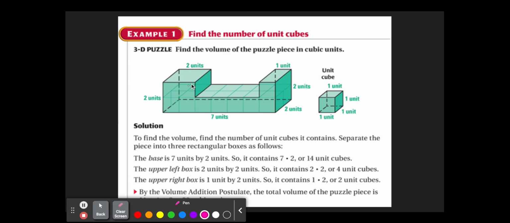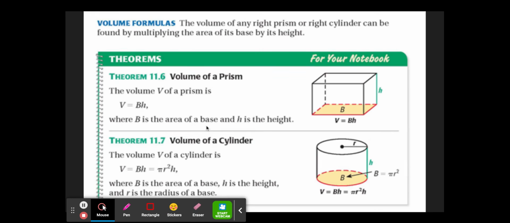Or I could go this way and figure out this one and then figure out what's in here. So that's the idea behind it: you can split it up and just total the volumes together.